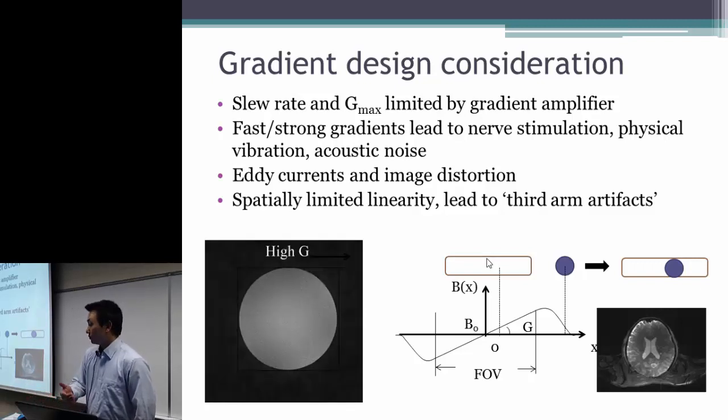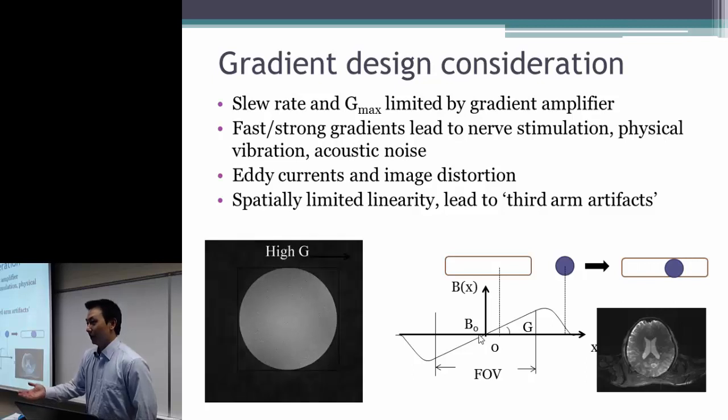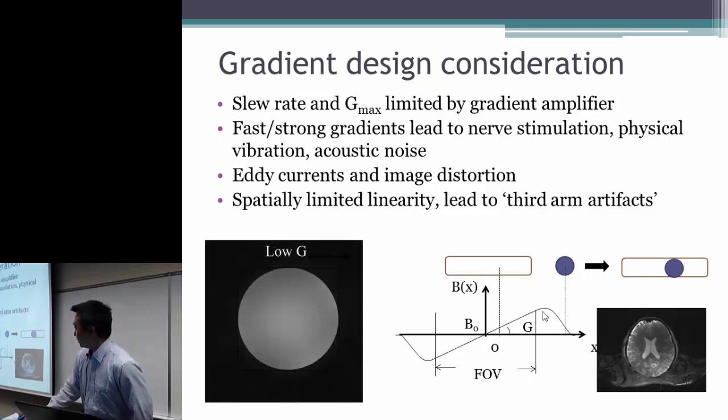But we know that this linearity cannot go on with unlimited distance. When the distance is farther away from the center of the magnet, this gradient strength will fall off, and it may go back to zero. So if there is an object outside of the field of view, it may see the same frequency, because the gradient is now falling off at the edge.